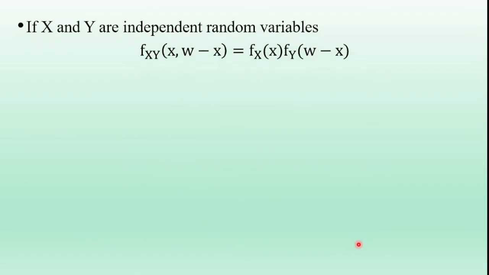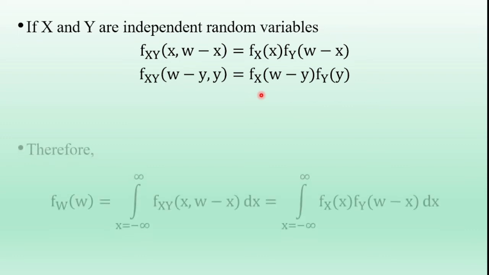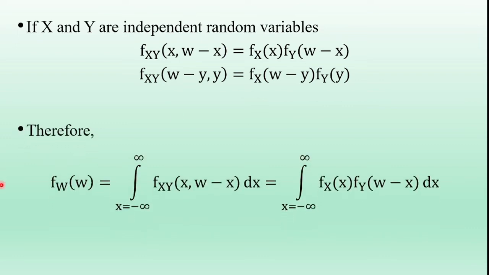If x and y are independent random variables, f_XY(x, w minus x) is f_X(x) into f_Y(w minus x). Similarly, f_XY(w minus y, y) is equal to f_X(w minus y) into f_Y(y). Applying these independence conditions to the above expressions, we get f_W(w) equal to the integral over x from minus infinity to infinity of f_X(x) into f_Y(w minus x) dx.